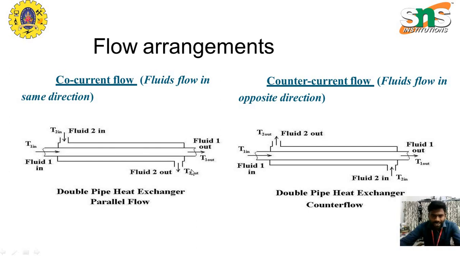On the right side, we have the fluid 1 outlet and fluid 2 outlet. So both fluid outlets are on the same side. That is the co-current flow type heat exchanger.